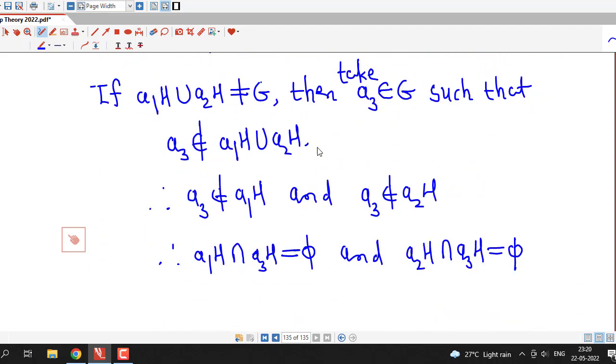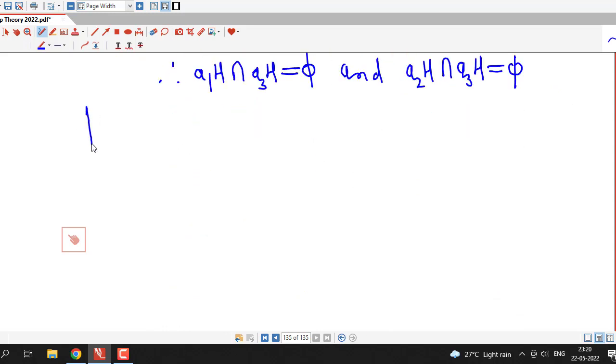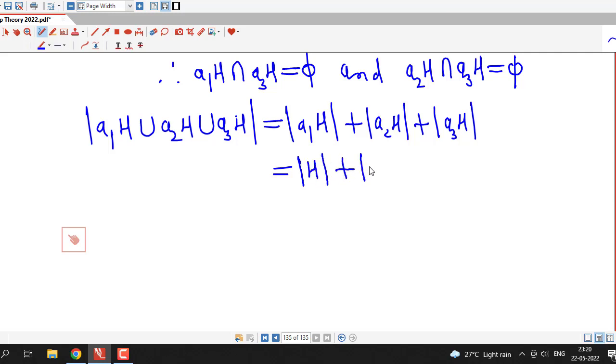So if we consider these three left cosets A1H, A2H, A3H, then they are pairwise disjoint, and if we take their union, then the order of the union will be equal to order of A1H plus order of A2H plus order of A3H, because all these are pairwise disjoint. Now this is equal to order of H each, because all the left cosets have the same order as the given subgroup. So this is equal to 3 times order of H.